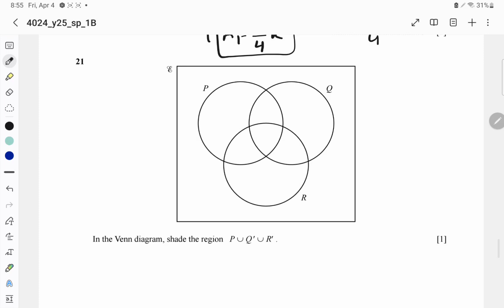Question number 21: they are asking us to shade the diagram. It's easier to do it like this. We have Q intersection R whole complement.